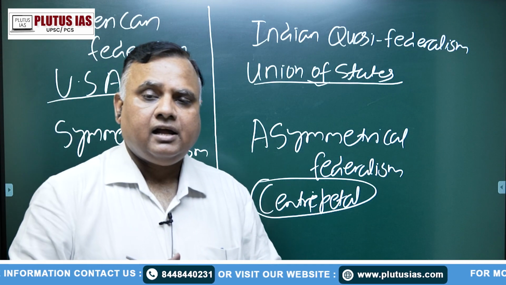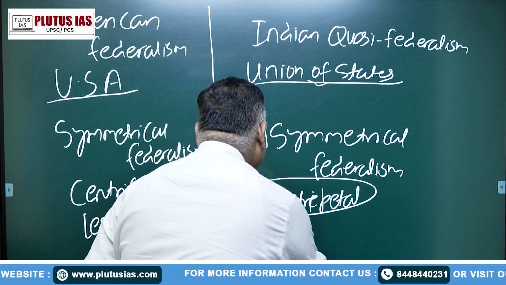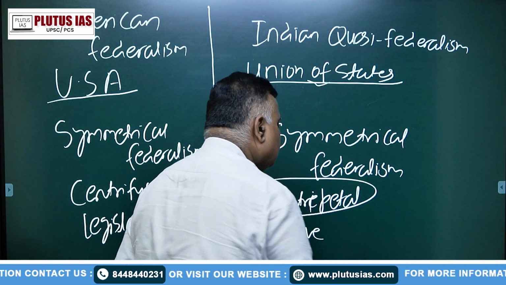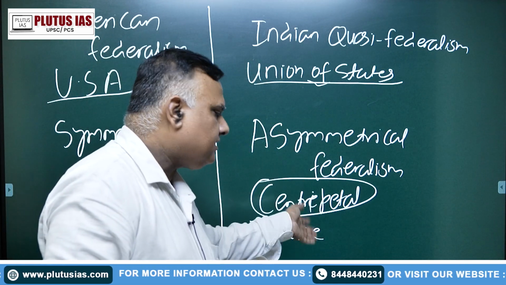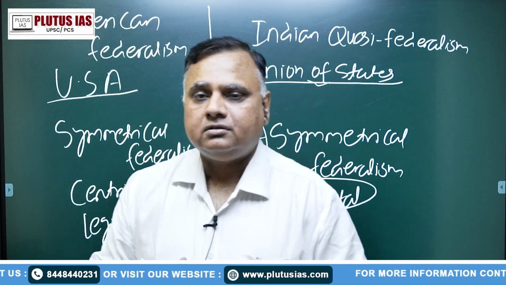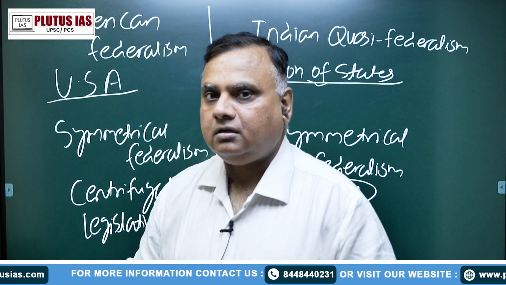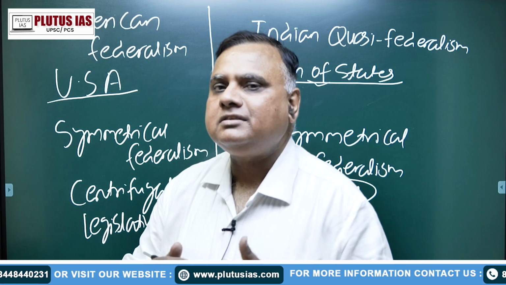State legislatures have been given ample powers. Indian federalism is mainly executive federalism. State executive is more empowered, state legislature is less empowered. But in America, both state executive and legislature are empowered. So these are the differences.